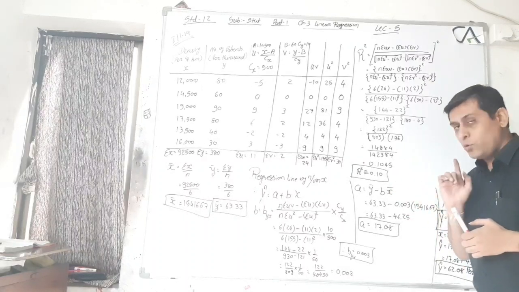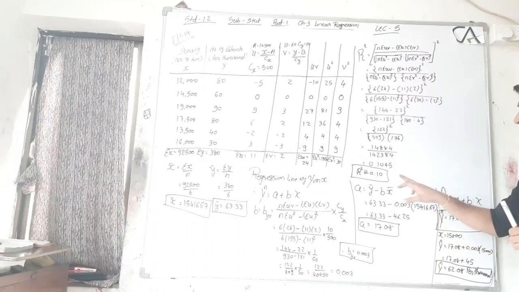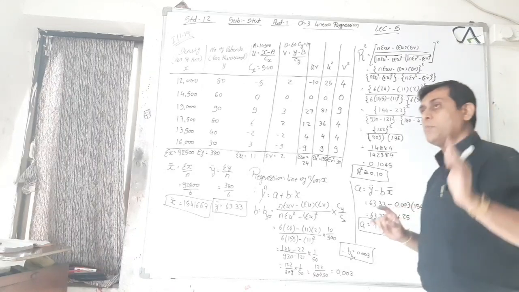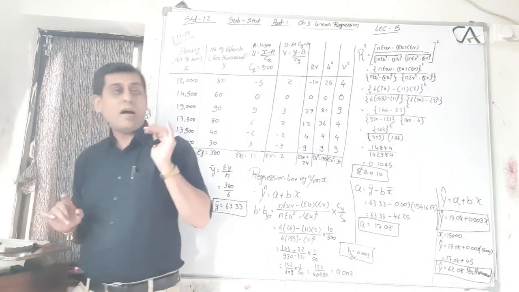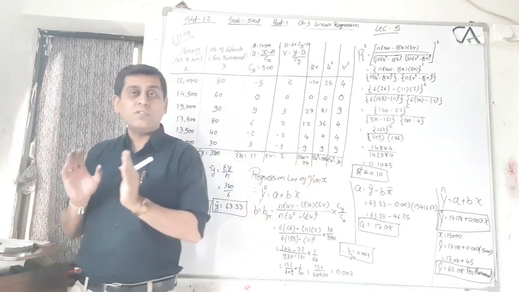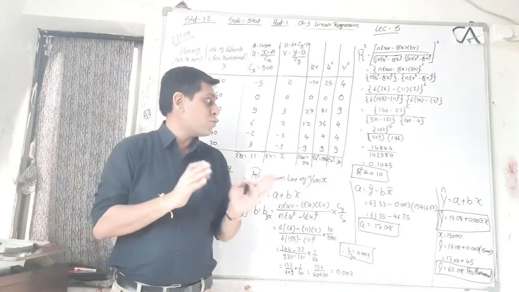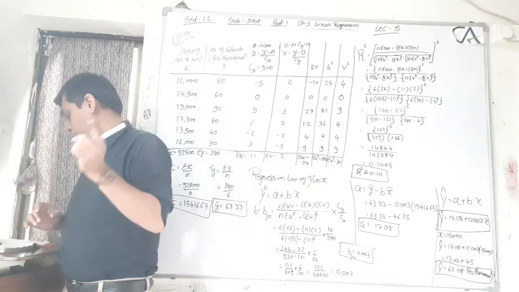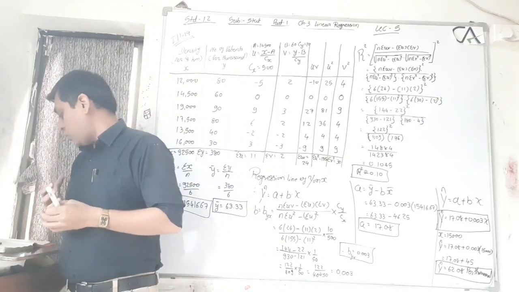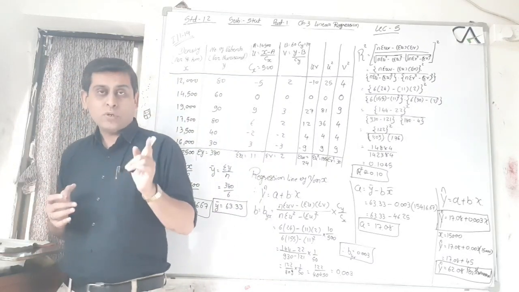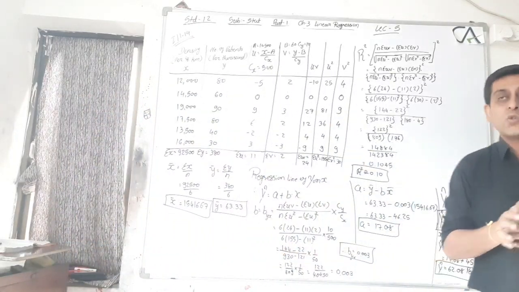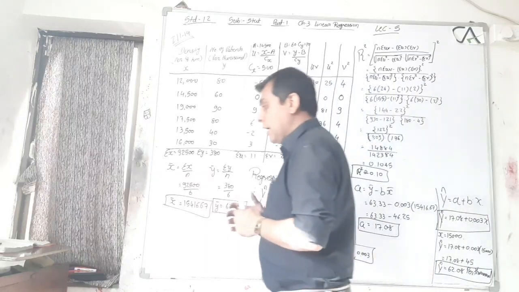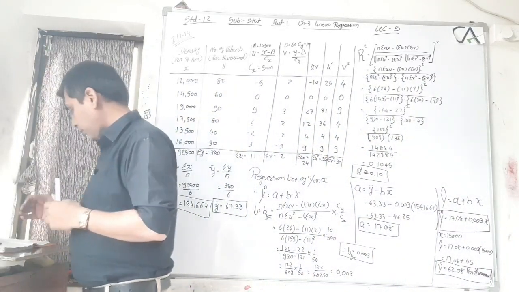So you have to write down the last answer: the regression model is not reliable, because the value of r square is very near to 0, not near to 1. That's why it is not reliable.